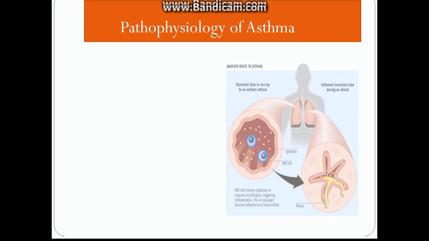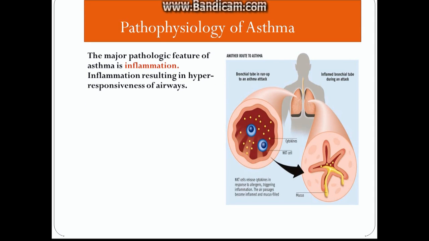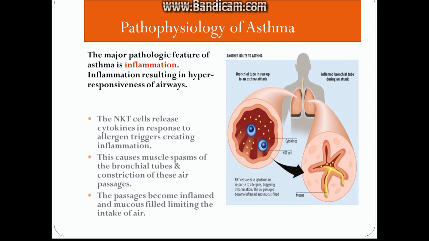The pathophysiology of asthma. Now let's look at the diagram, and we can look at the man's lungs where they're actually showing a bronchial tube during an asthma attack. The major pathological feature of asthma is inflammation, resulting in hyperresponsiveness of the airways.